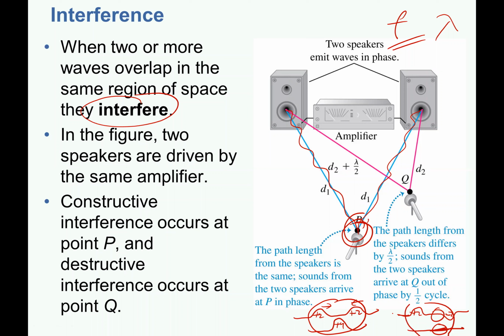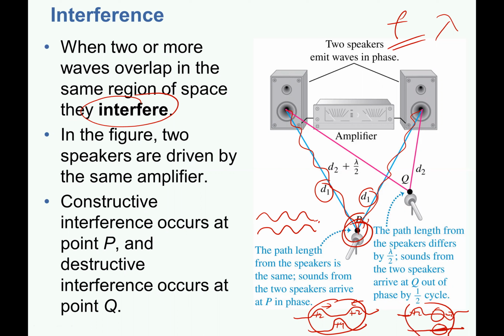It depends on the distances they cover, let's say D1 and D2, and which part of wave 1 and wave 2 gets to point P.